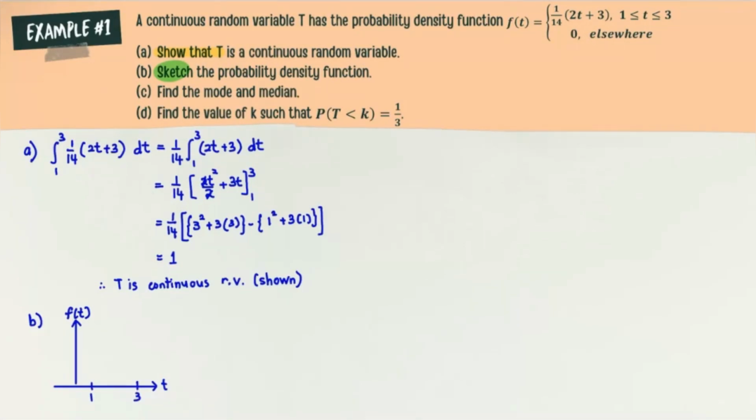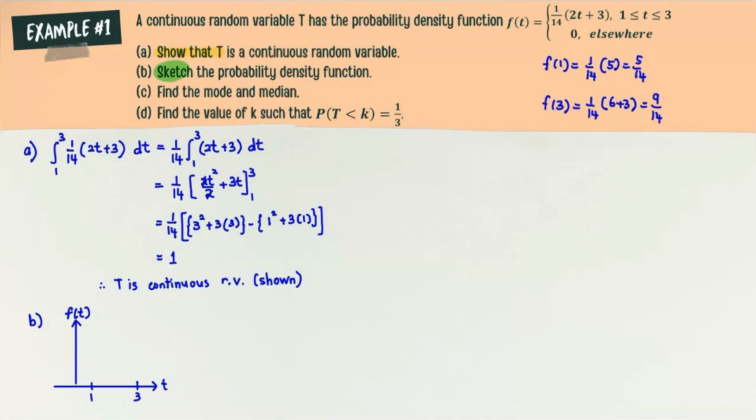So what will be the value of f(t) when t equals to 1? So gantikan 1 dekat sini. So f of 1 you are going to get 1 over 14 times by 5. So dia adalah 5 over 14. Kalau f of 3 gantikan 1 over 14, 3 darab 2, 6. So 6 tambah 3, so we get 9 over 14.